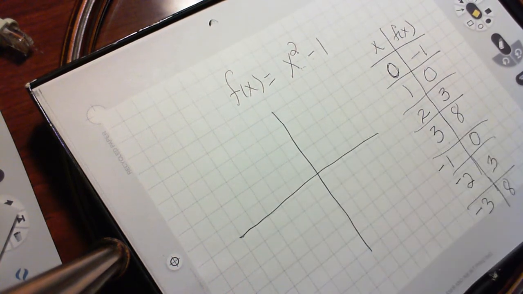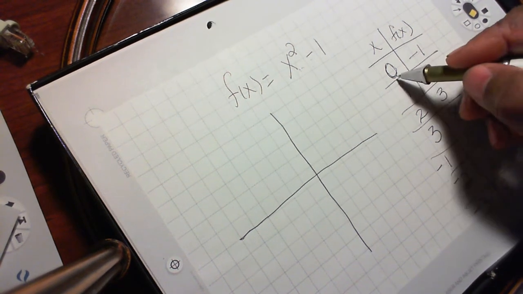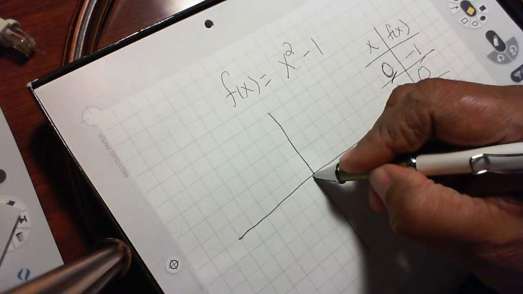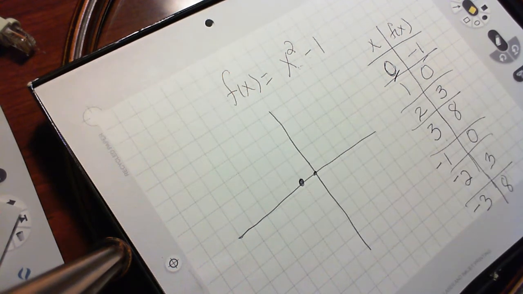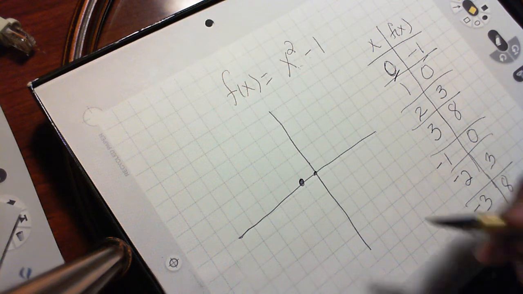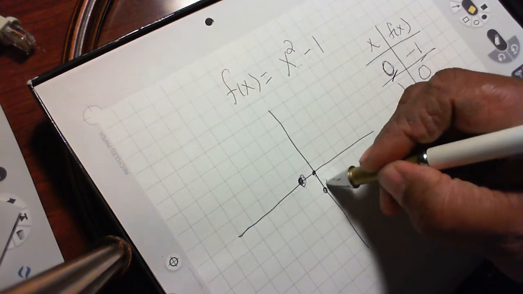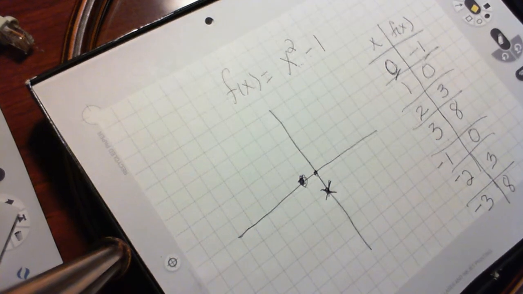We don't need an excessive number of points, right? So when x is 0, we have -1. I'm sorry, I have this backward. At 0, it is -1. Here's my point. Don't look at this one, that's wrong. Okay?